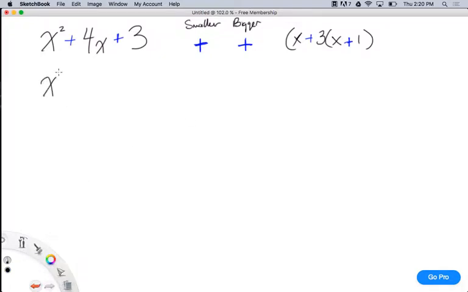Well, what about if it's x squared minus 4x plus 3? Well, that's positive, so are they the same signs or different signs? Same. They have to be the same sign. But this is negative, so they both are going to be negative.